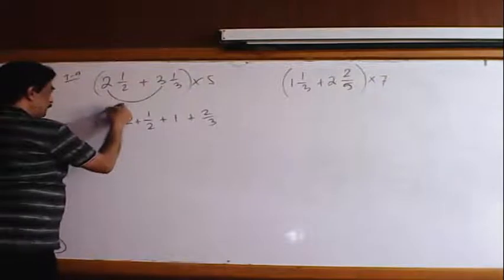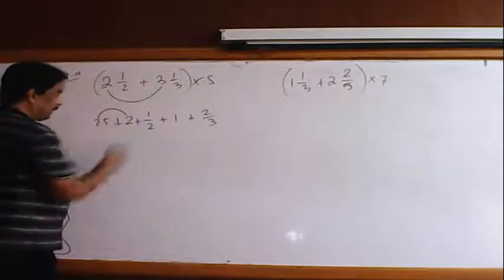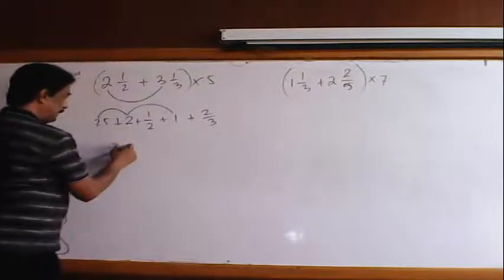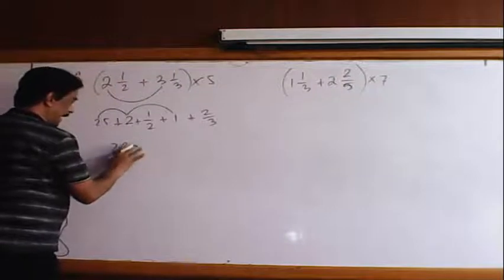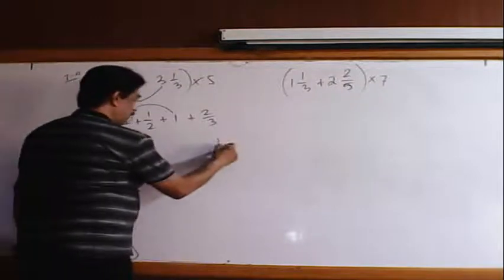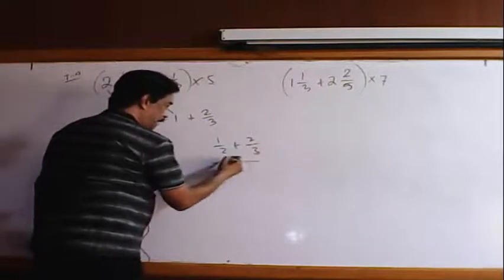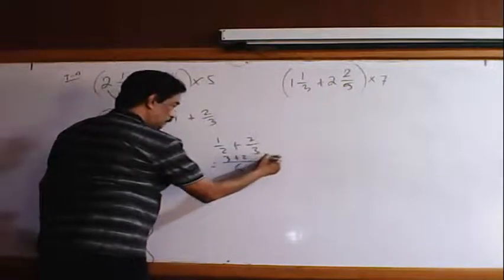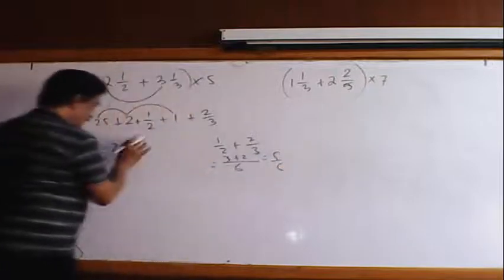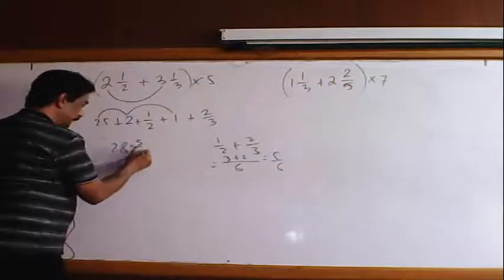Now observe, 25 plus 2, 27, 28. So we have 28 and half plus 2 by 3. Your result 6, upper portion 3 plus 2. So 5 by 6. We can write 28, 5 by 6.